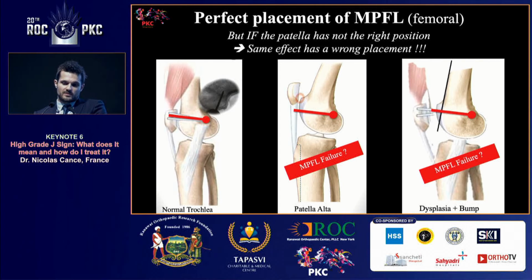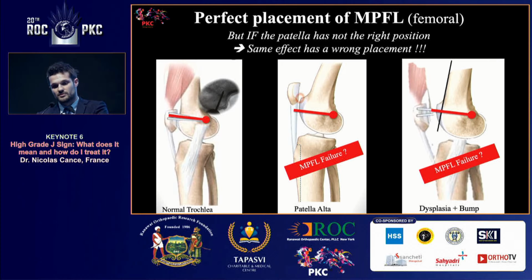The aim of the MPFL plasty is to be as anatomic as possible, and we always discuss the perfect placement on the femoral point, but it's really easy to understand that if you get a patella alta or a trochlear bump, then even if you perform your MPFL without an associated procedure, it cannot be in an anatomic position. So for sure, your MPFL will fail and your patient will dislocate again.